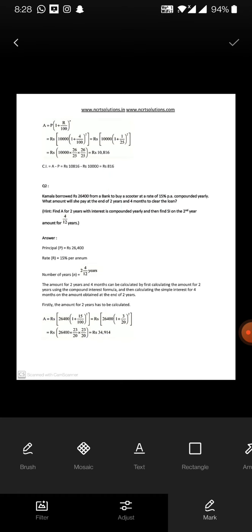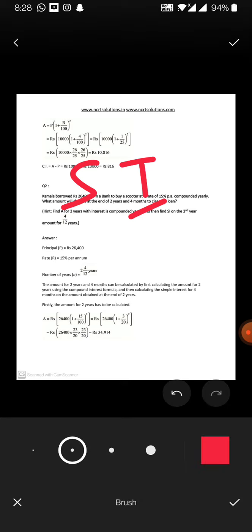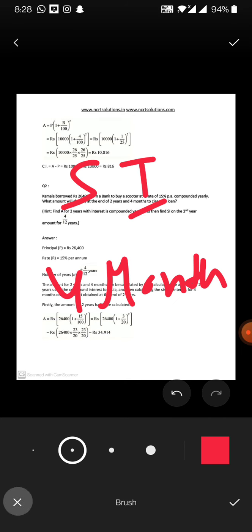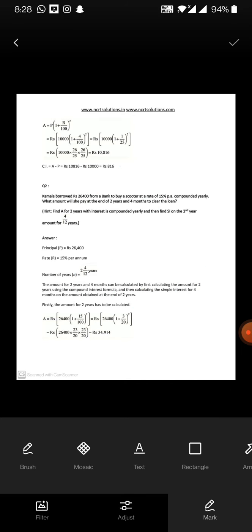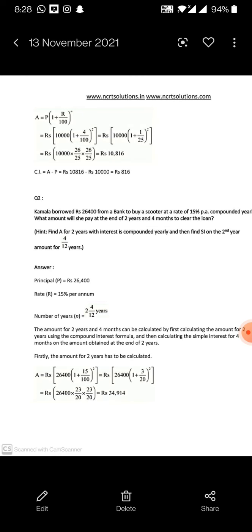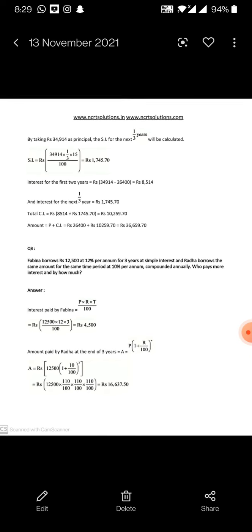Clear? Now we need to calculate simple interest for 4 months, because 2 years compound interest is already done. Clear? Now find the simple interest for 4 months.